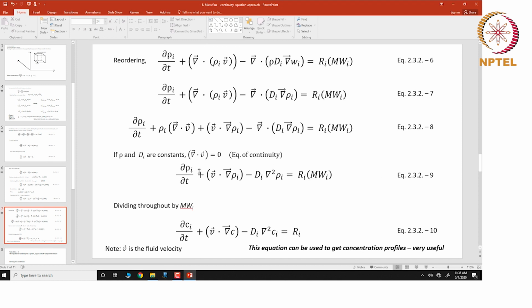Okay. So, we are dividing by the molecular mass, so that should not be there. And this equation, 2.3.2-10, okay, let me go to the full screen mode.